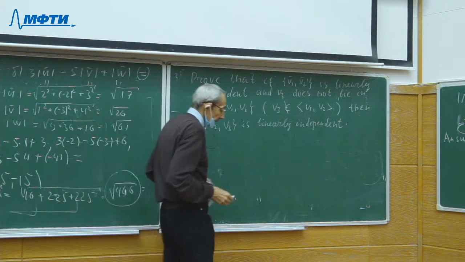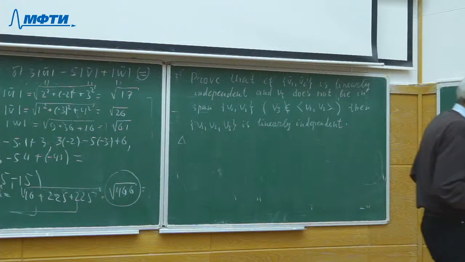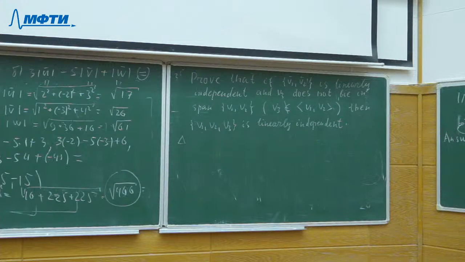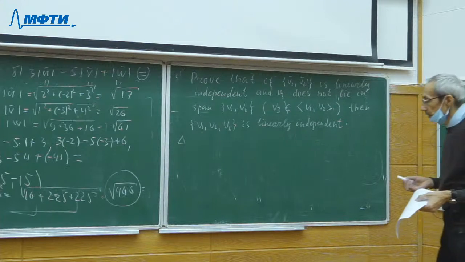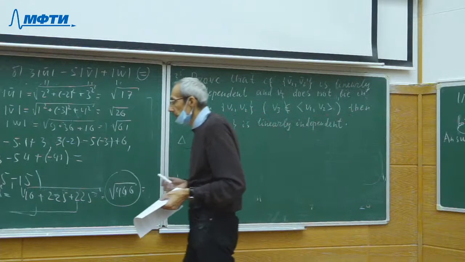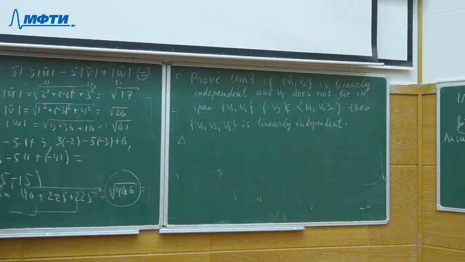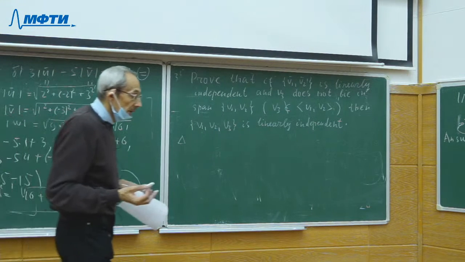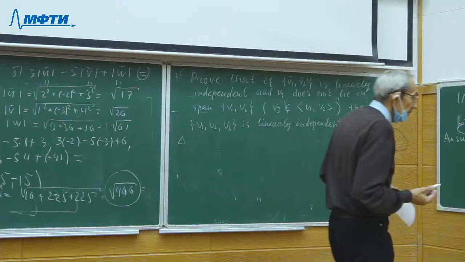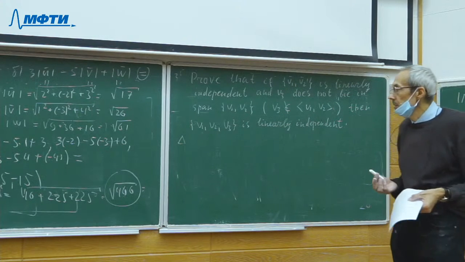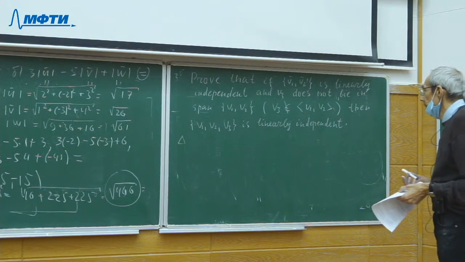Let's prove this assertion. What does the linear independence of the vectors mean? It means that a linear combination of these vectors is equal to 0 only if all coefficients of this linear combination are 0.